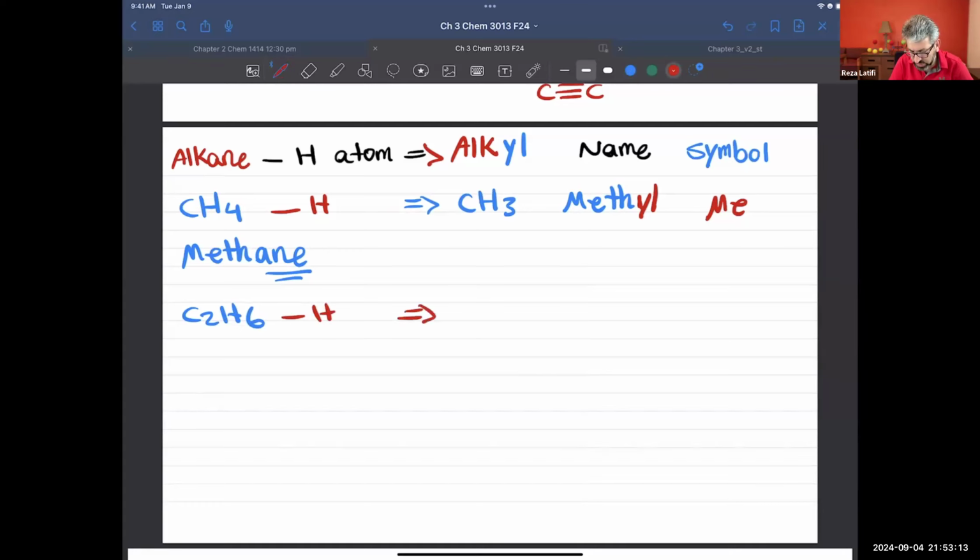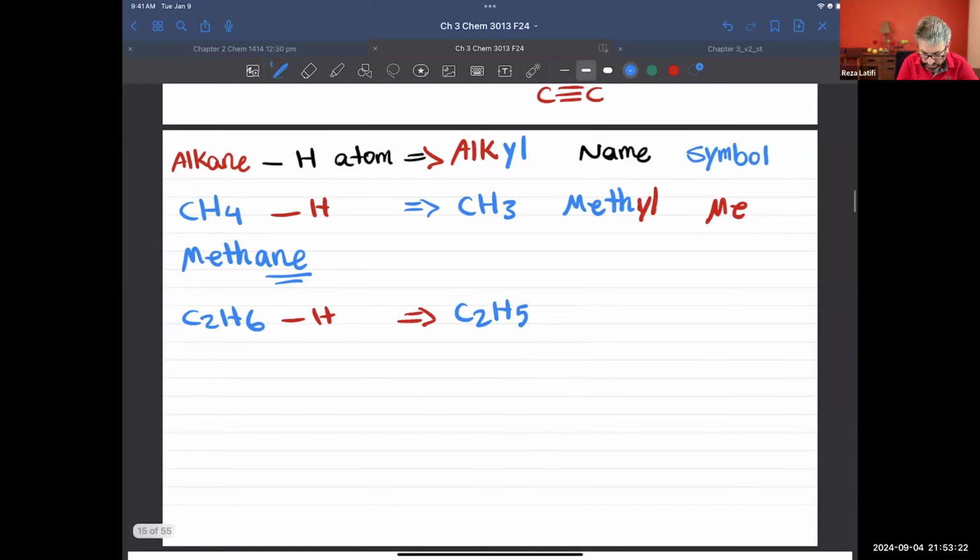This gives us C2H5. What's the name for the original compound? We call it ethane. Because we are missing one hydrogen, it will be ethyl, and the symbol for it is ET.